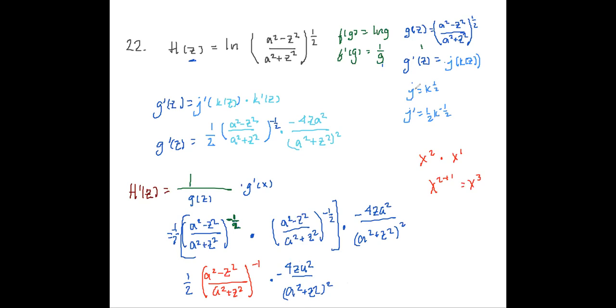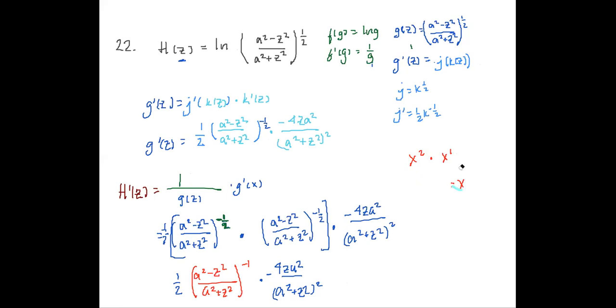There's more that we can do to basically simplify this out. I see I have a negative 1 here, which basically means this is 1 over each of these things, right? So this in the red, I'm going to turn into this in the dark red. So it's going to be 1/2 times a squared plus z squared over a squared minus z squared, right?